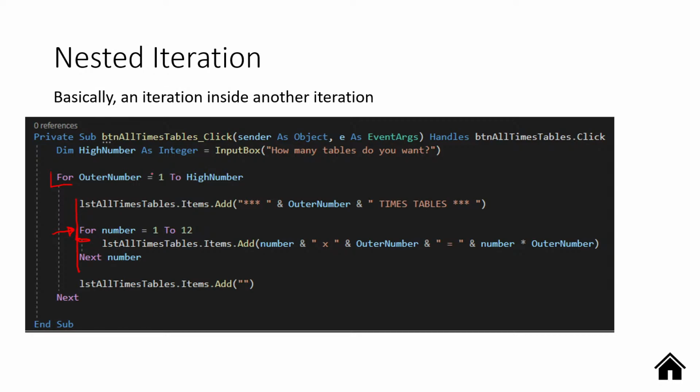As this loops from 1 to the high number, every single one of these loops gives you 12 inner loops. This will loop once, run 12 times. Loop again, 12 times. The third time, 12 times. Fourth time, 12 times. Fifth time, 12 times. You get the point. So nested iteration is a loop inside a loop. Nice and simple.